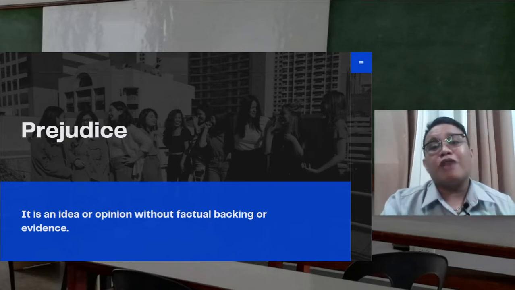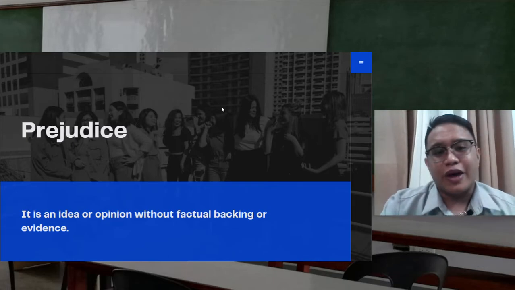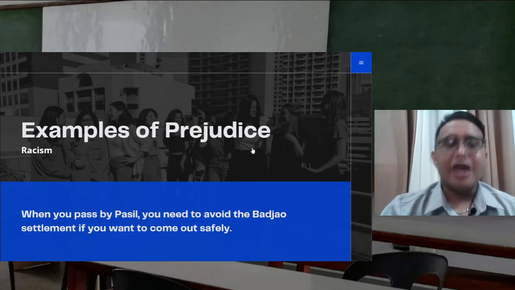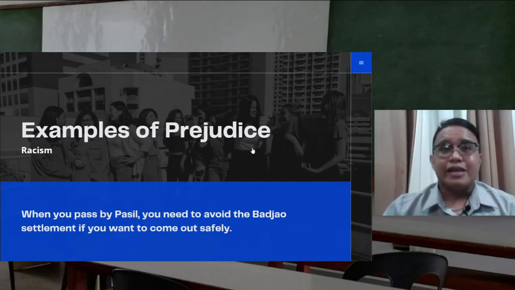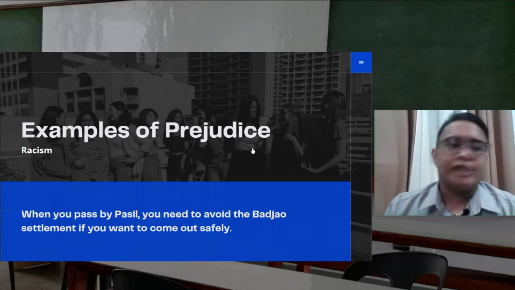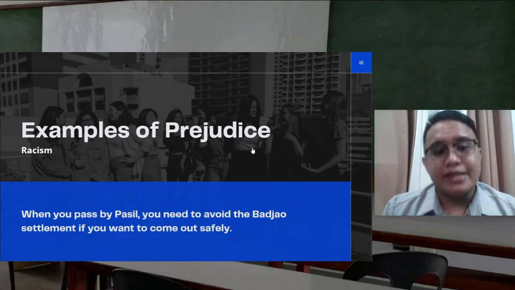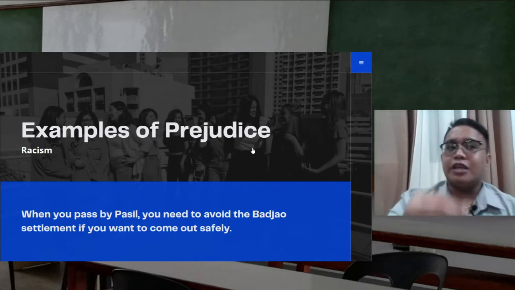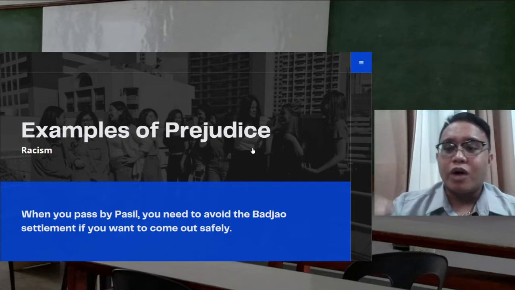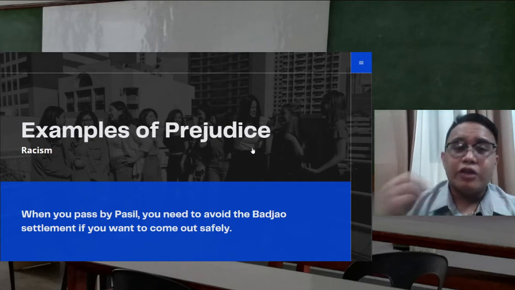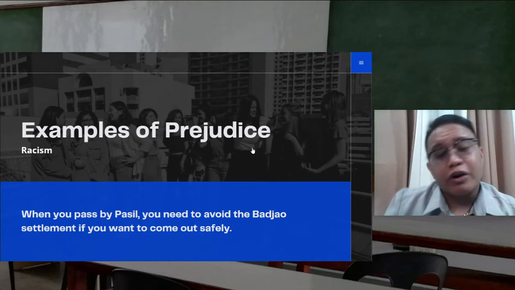Now let me show you a few examples of prejudice. The first kind of prejudice is racism. That means you're having a notion about a race. Let's say for example, when you pass by Pasil, you need to avoid the Badjao settlement if you want to come out safely. That statement says that the Badjao are violent, or that they want to do something bad to you or to us.